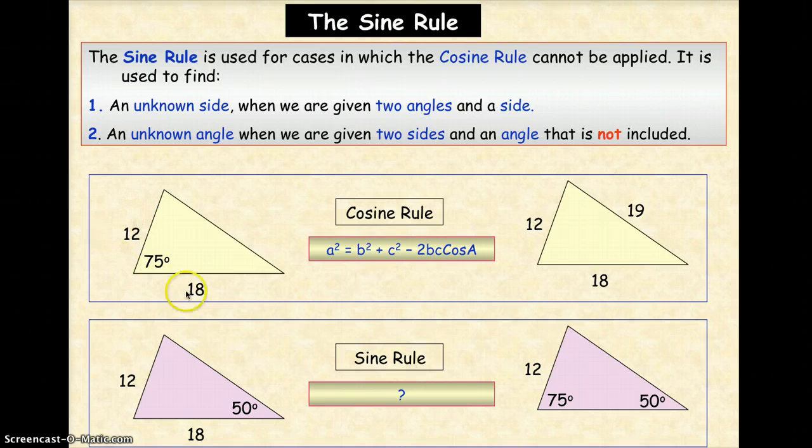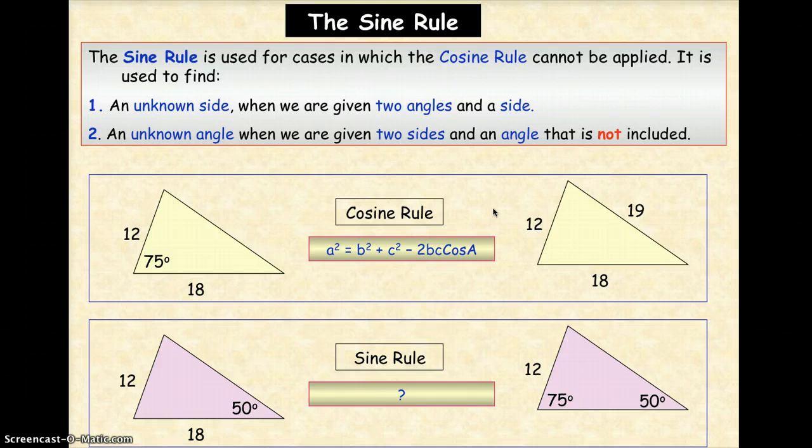In this diagram, you have two sides, and the angle is in the middle of these two sides. You may also use the cosine rule to find the missing angle when you're given the three sides of the triangle. Again, you use the cosine rule when your triangle is not a right triangle.